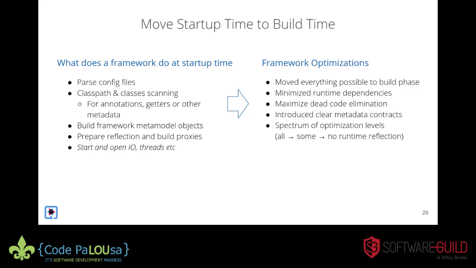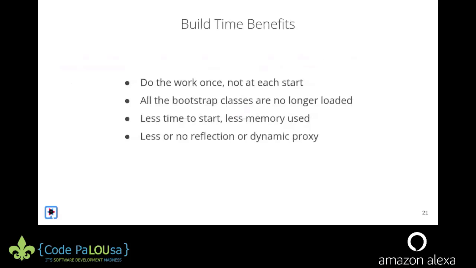So what that helps us do is minimize a lot of the runtime dependencies. It lets us eliminate a lot of dead code that we don't necessarily need in our applications. It makes them a little bit more bloated, I guess is a term to use. And we can introduce some really clear metadata contracts into the actual optimization of the framework. So all of this contributes to some build time benefits, right?